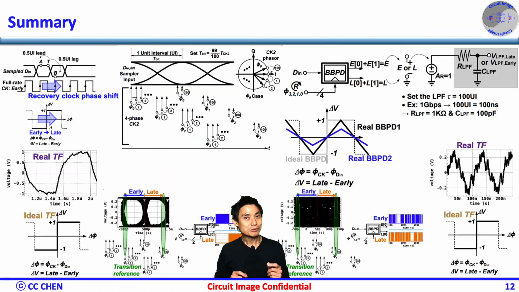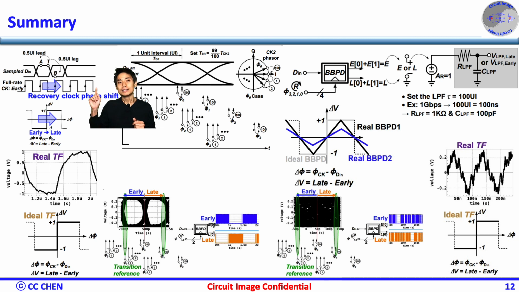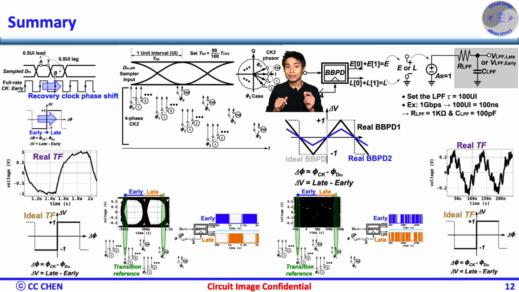Here is the summary of why we need the phase transfer characteristic of the Alexander, or bang-bang, phase detector PD in a bang-bang CDR. To verify or design a bang-bang PD, the simplest way is to shift or rotate the phase of the output recovered clock regarding the input data by a small amount of frequency offset, for example 1%.